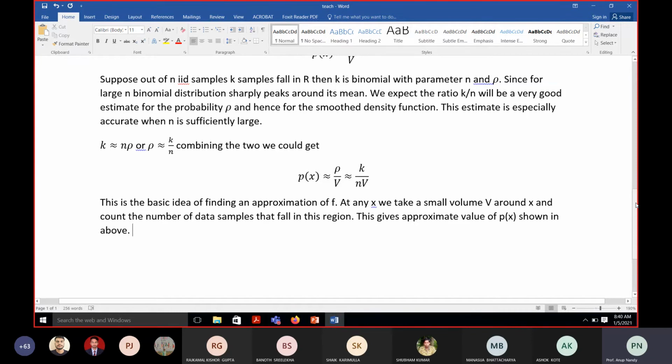The choice of capital V affects the quality of the approximation. So now you have to choose the volume. How are you going to choose it? The choice of V affects the quality of the approximation.